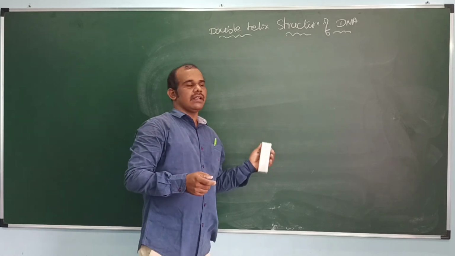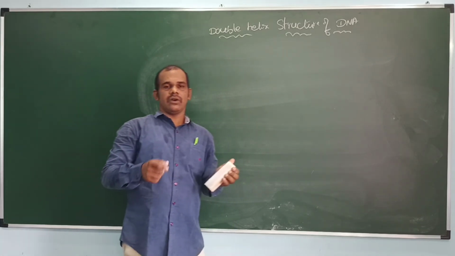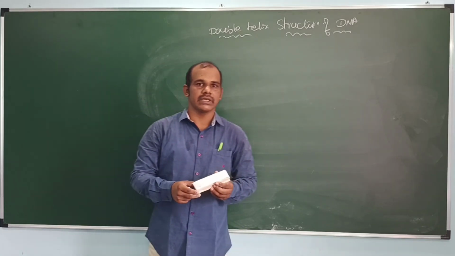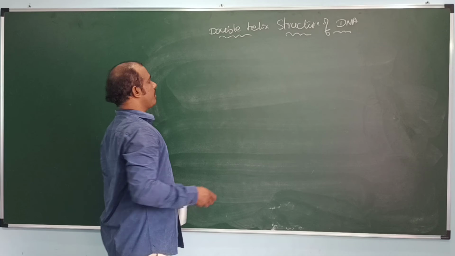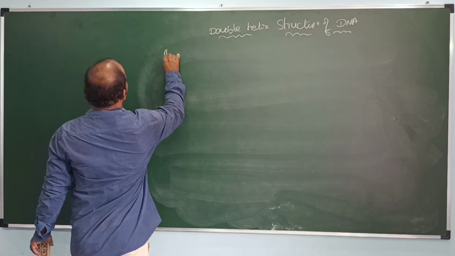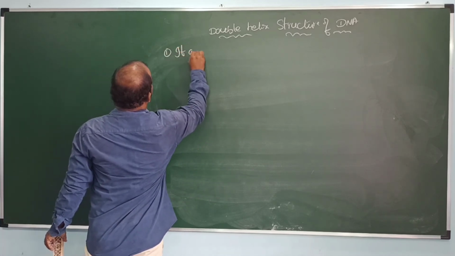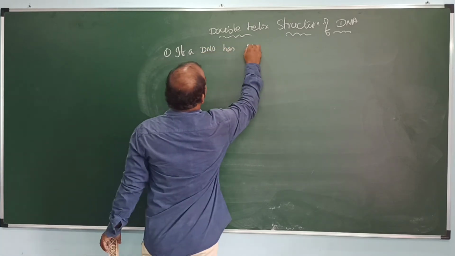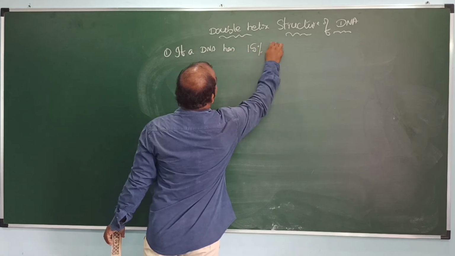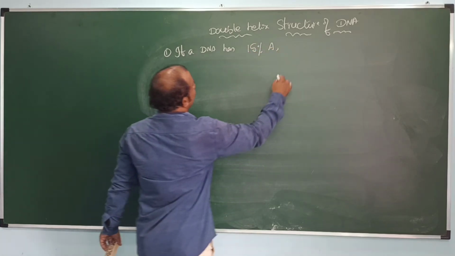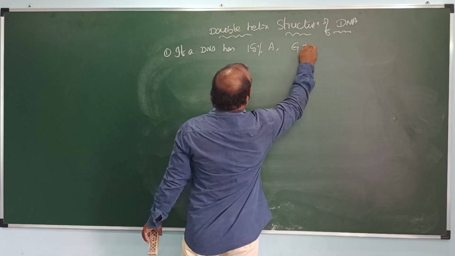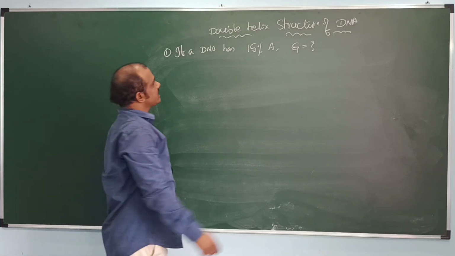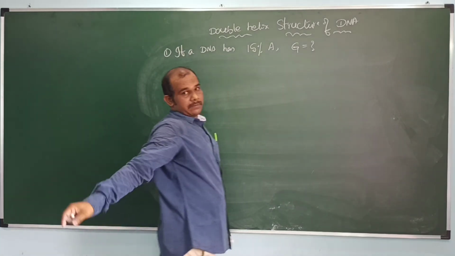The problems on double-stranded DNA according to the Watson-Crick model as well as Chargaff's rule are very important. If a DNA has 15% adenine, find out the G.